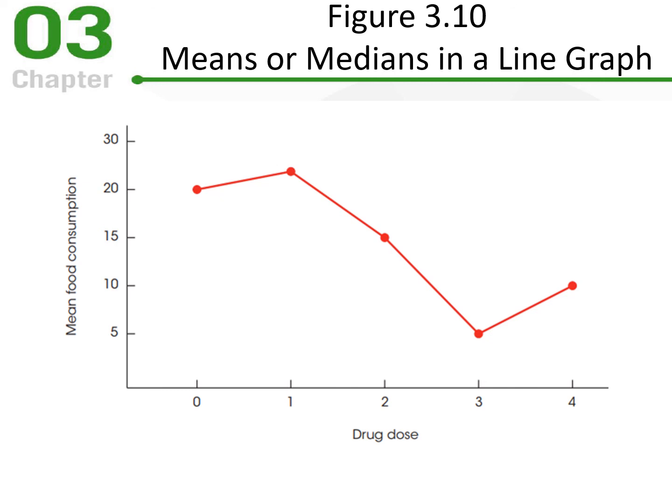So the way the text talks about this is, line graphs should only be used to depict changes over time. They should not be used just to show a continuous variable on the x-axis. It's best to use them just for time and to run a scatter plot unless you have many, many values.